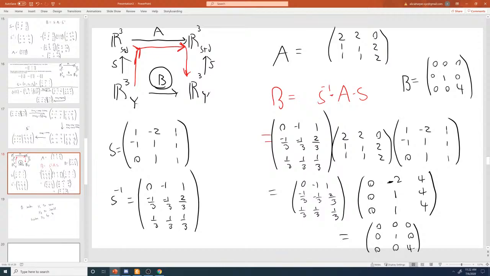And this kind of matrix right here, where everything off the diagonal is 0, is basically the nicest that a matrix can be. And we will explore this notion more in the next few weeks.